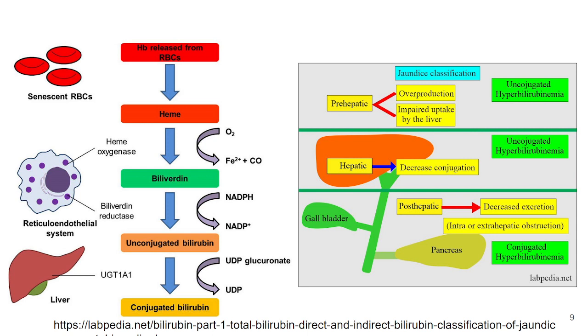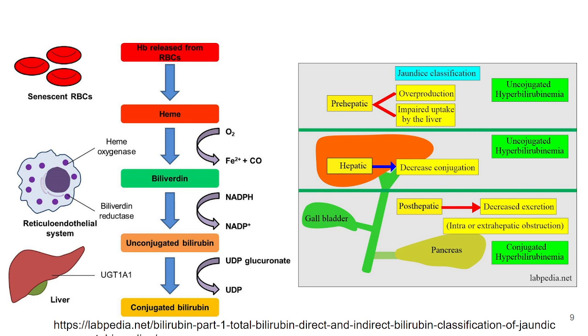Of course, jaundice is a clinical condition where the bilirubin level is more than 4 mg/dL. Clinically, jaundice, the yellowish discoloration, is seen when it's more than 4, and when it is between 1.6 and 4, we call it subclinical jaundice.